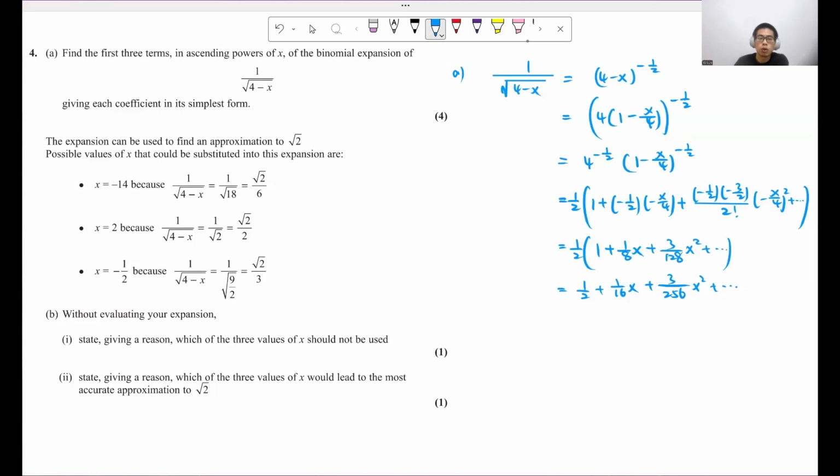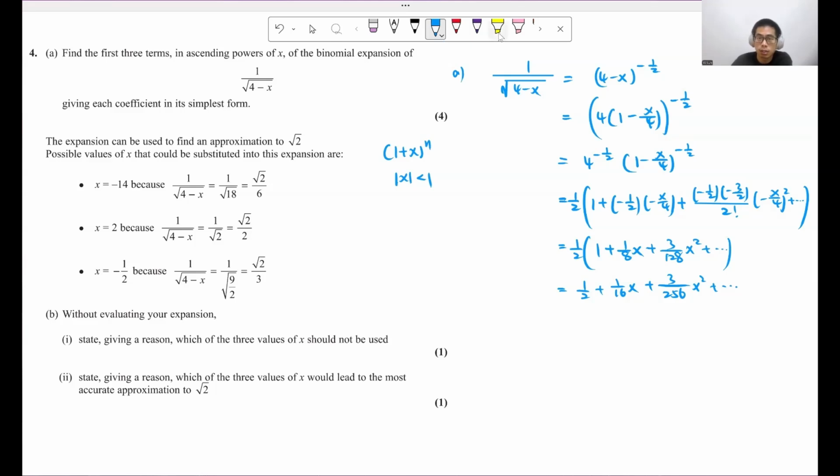Every time they ask a question like this, it's all about the range of possible values of x which are valid for the expansion, and it's very easy to find. The formula is 1 plus x to the power n, so they always have something like mod x is less than 1. That would be the range of values which are valid.